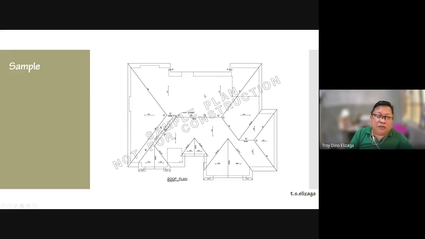I showed you an example last time where the roof tiles are actually drawn, the whole part, or you can draw in lines to represent the galvanized iron sheets, what we call the seam. Or you can just make a circle or draw a portion to indicate that this is the material, and then you call that out.